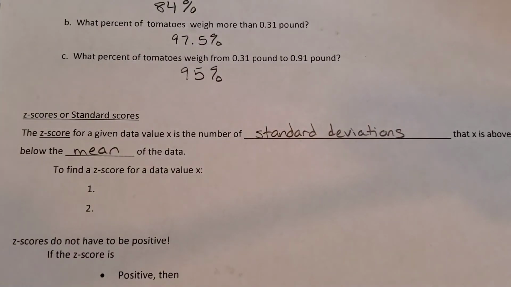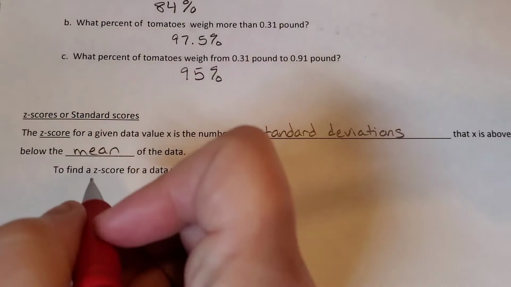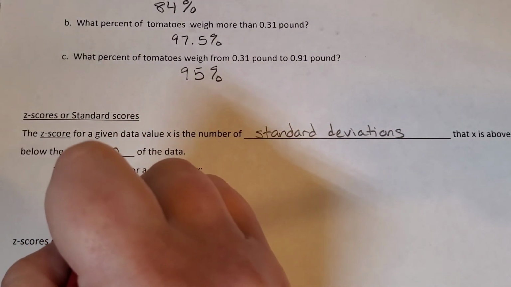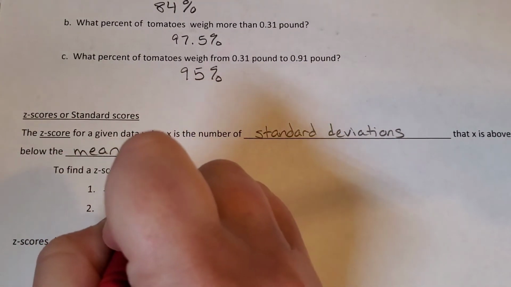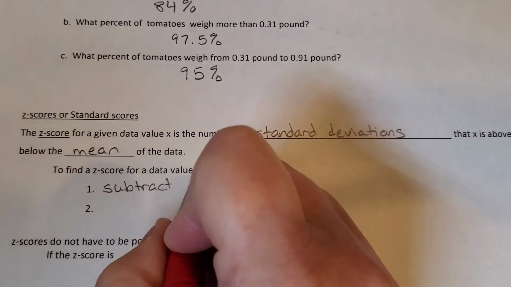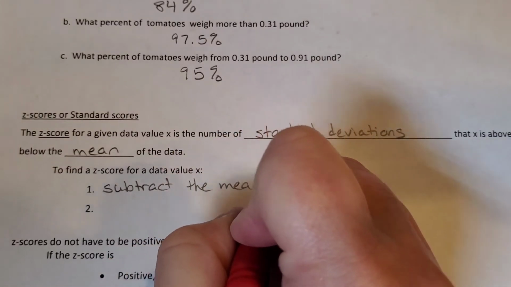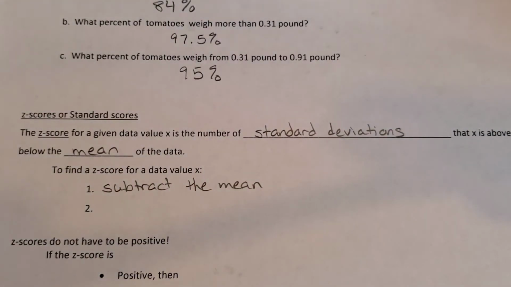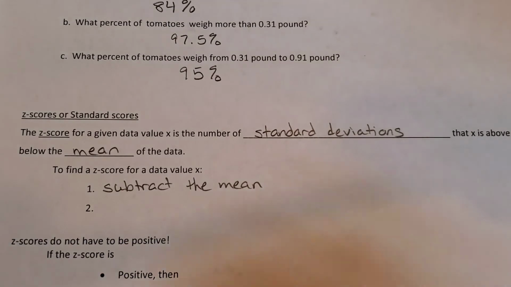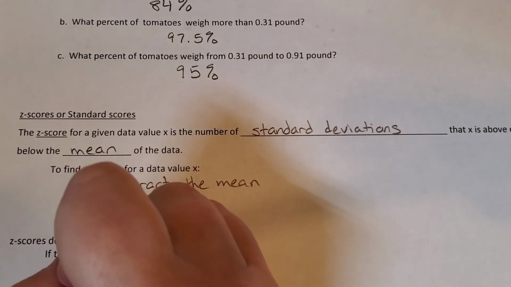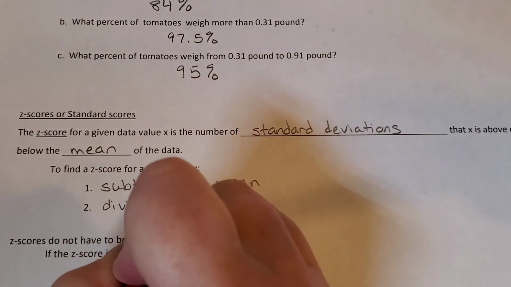So we have to find out first how far it is above or below the mean. And remember, when we do that, we subtract the mean, just like we did when we were looking to find the standard deviation. Subtract the mean from the data value. And then to find out how many standard deviations that distance is, we just divide by whatever the standard deviation is.